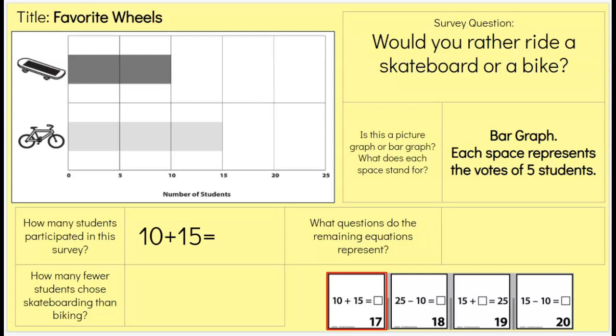If you are thinking that 10 plus 15 equals something makes the most sense, and that's the equation you wrote, good thinking. The number 10 shows how many students chose skateboarding. The number 15 shows how many students chose biking. When we add those numbers together, we know that 25 students participated in this survey.